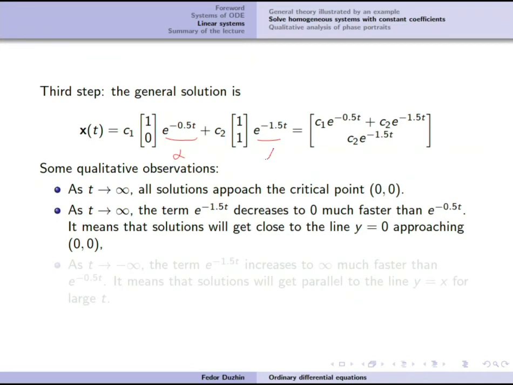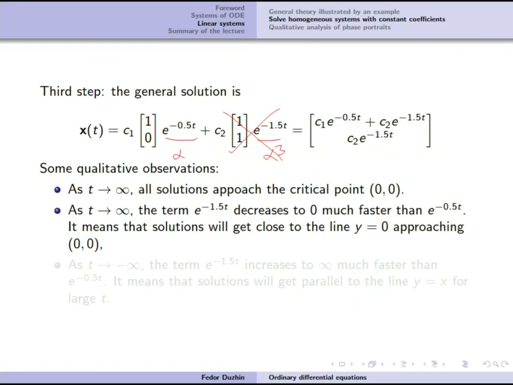So if the first of them is alpha, then the second is alpha cubed. Now imagine t is a large number, then e to the minus something t is a small number. So alpha is very small, but alpha cubed is so much smaller than alpha that it is just negligible. So when t approaches infinity, we can just forget about this term. It is so much smaller than the first term that we can ignore it.